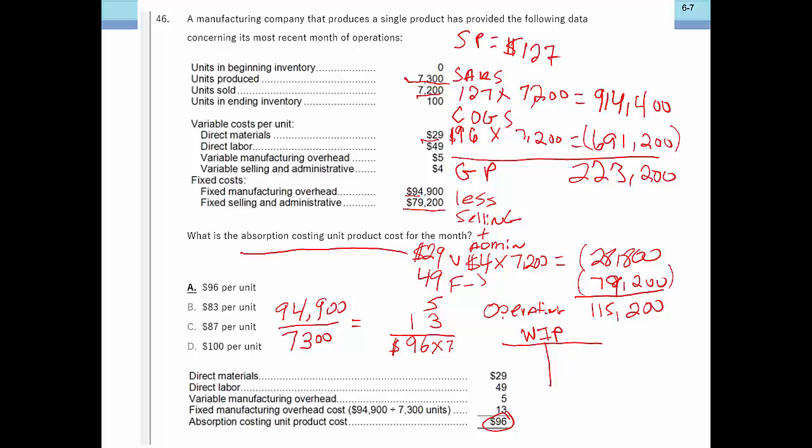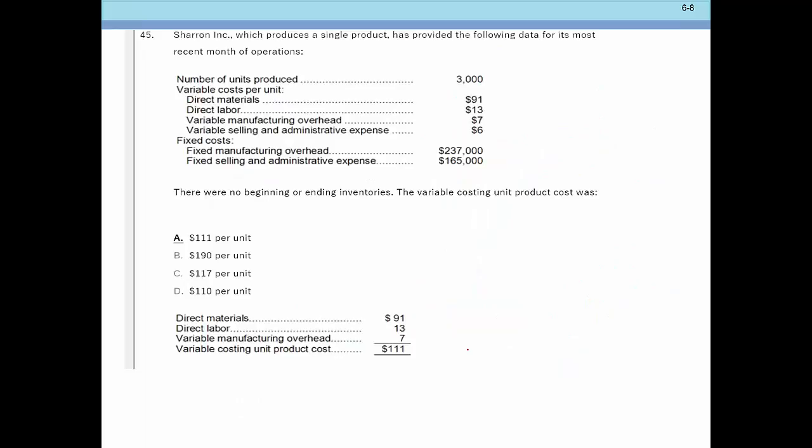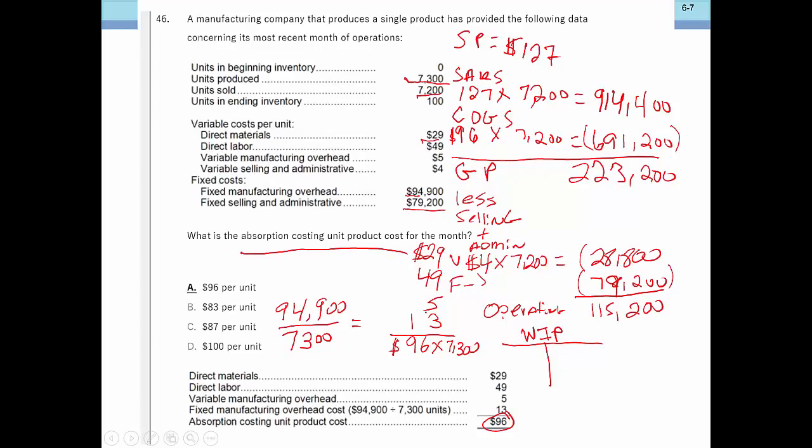Times 7,300 units. So 96 times 7,300 would have been what? I'm having you guys help me. 700,800?